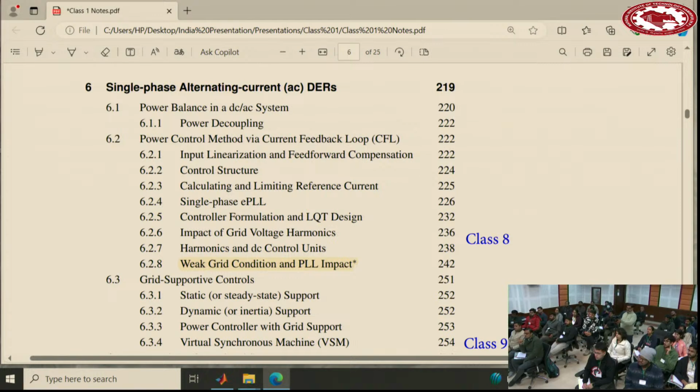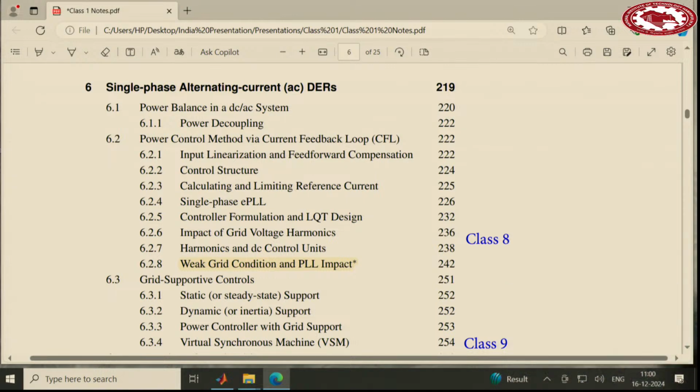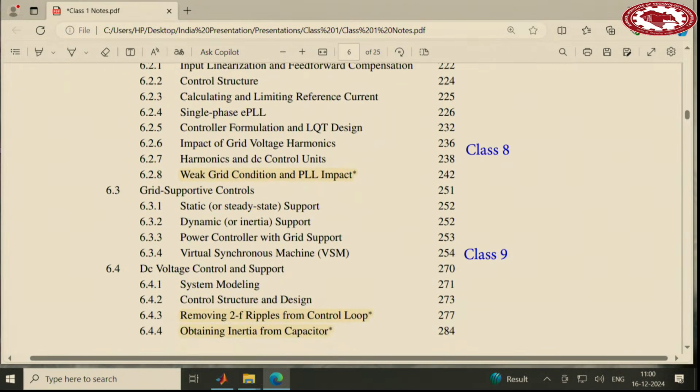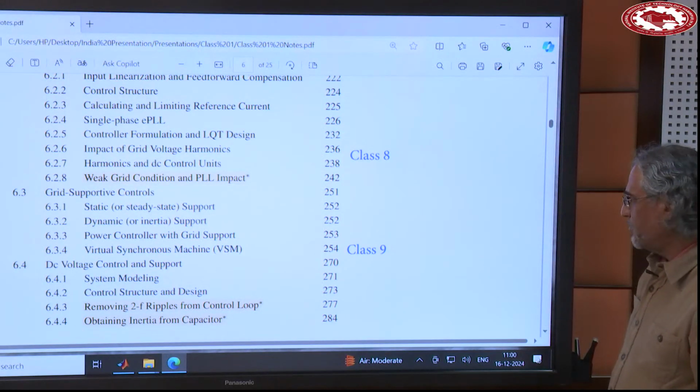Weak grid conditions is important, but at the same time I excluded it in the first course here. If we have time later, we can come back and try to discuss that. Then we have grid supportive controls, and then dynamic support, static support, and virtual synchronous machine, which is one particular type of grid supportive or grid forming controller. So we go into details of that.